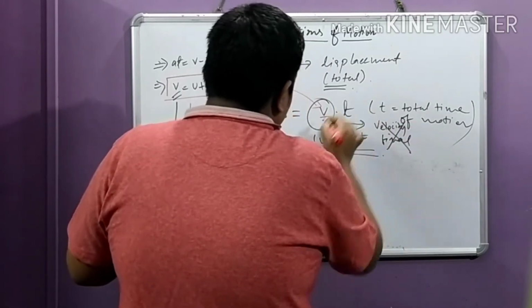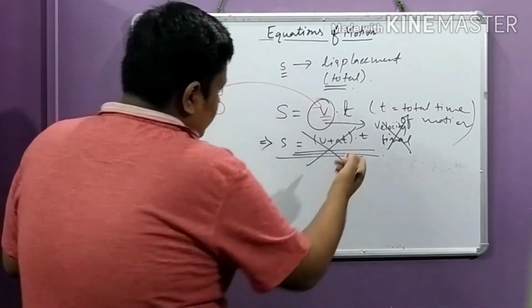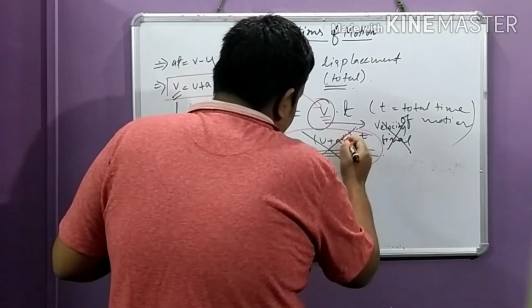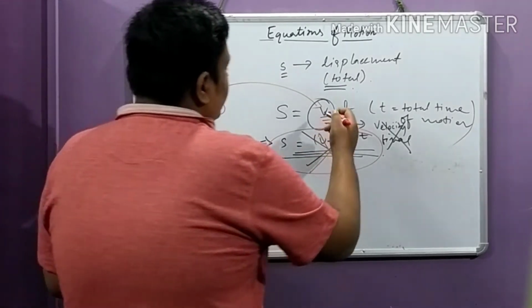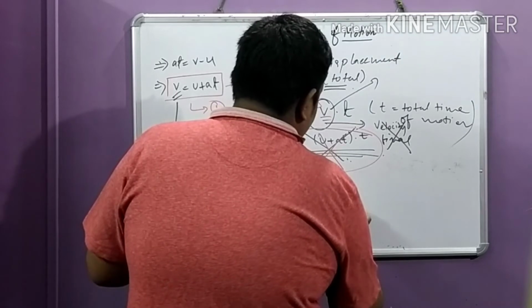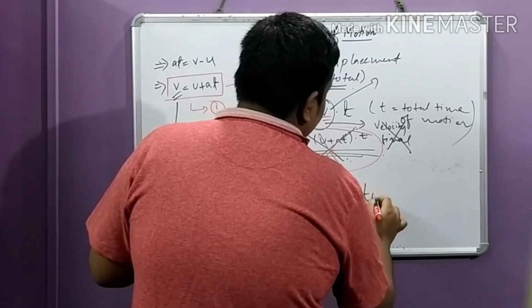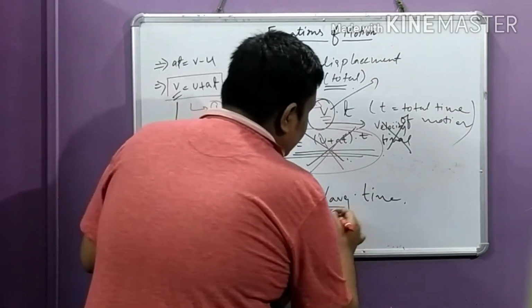This is wrong. So writing this will be our mistake. Please mind it. Most students make this mistake. This is wrong, because here you have to write the average velocity. Because displacement is v average into time. It is not the final velocity.